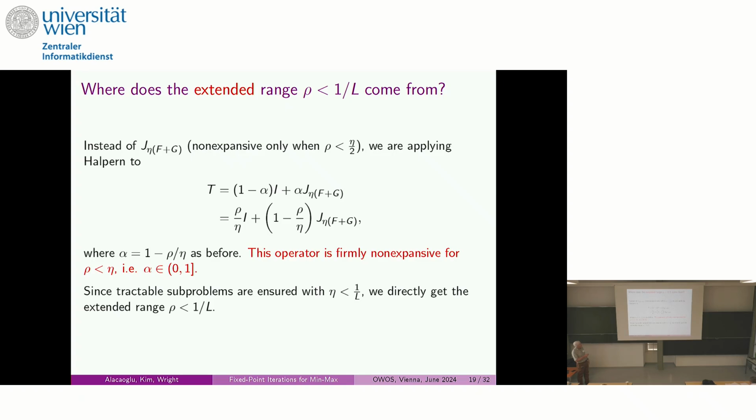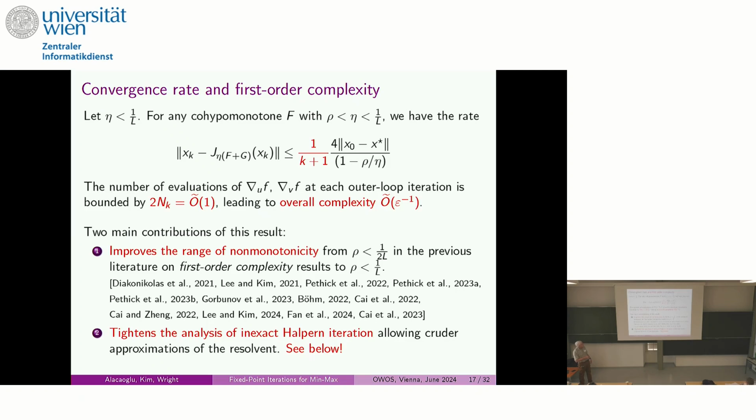So the eta, oh, that's right. No, we can replace this. We don't need the resolvent to be non-expansive. We need T to be non-expansive. And that's a looser condition. Instead of rho being less than eta over 2, we can now let just rho be less than eta. Okay? We still need this property, that the eta has to be less than 1 over L. But if we plug this and this together, we get this larger allowable range of the rho. So we can go to a bigger value of rho.